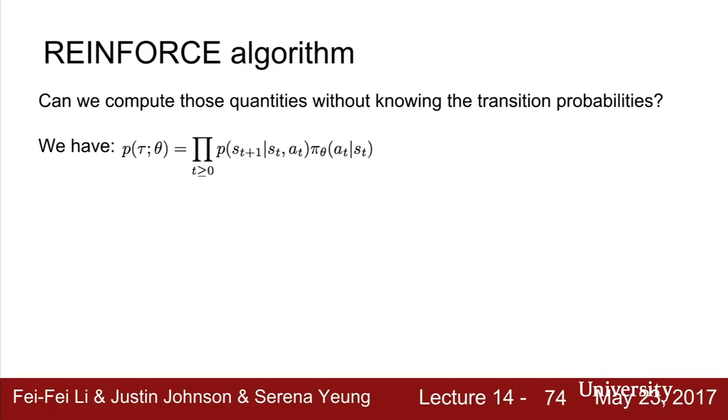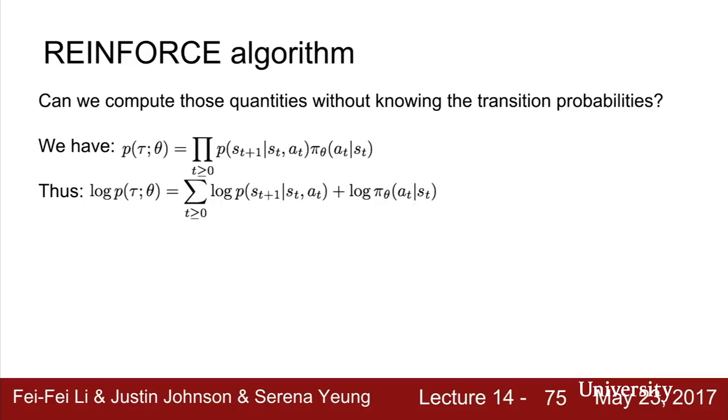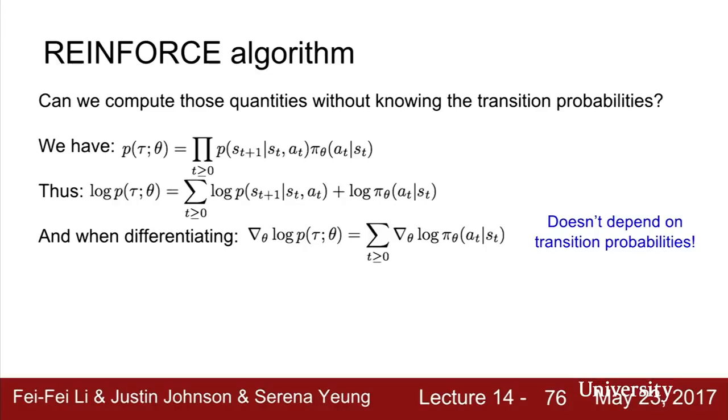We multiply all of these together to get the probability of our trajectory. So the log of p of tau is, if we push the logs inside, a sum. Then when we differentiate with respect to theta, the first term, the log of the state transition probabilities, has no theta term.